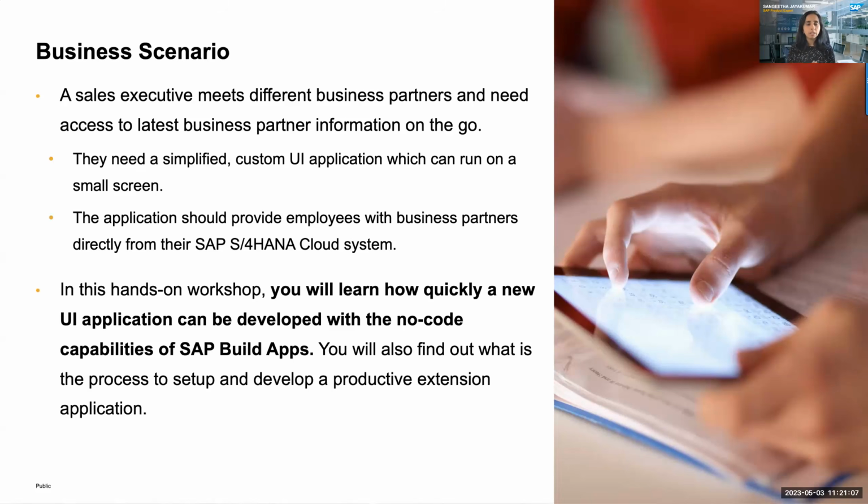At the same time, this sales executive should be able to see only the relevant information, which is for his region, for example, or for his business role, for example. So you want to actually fetch the relevant information from the backend, one fitting for his roles, which is exposed to the cloud.